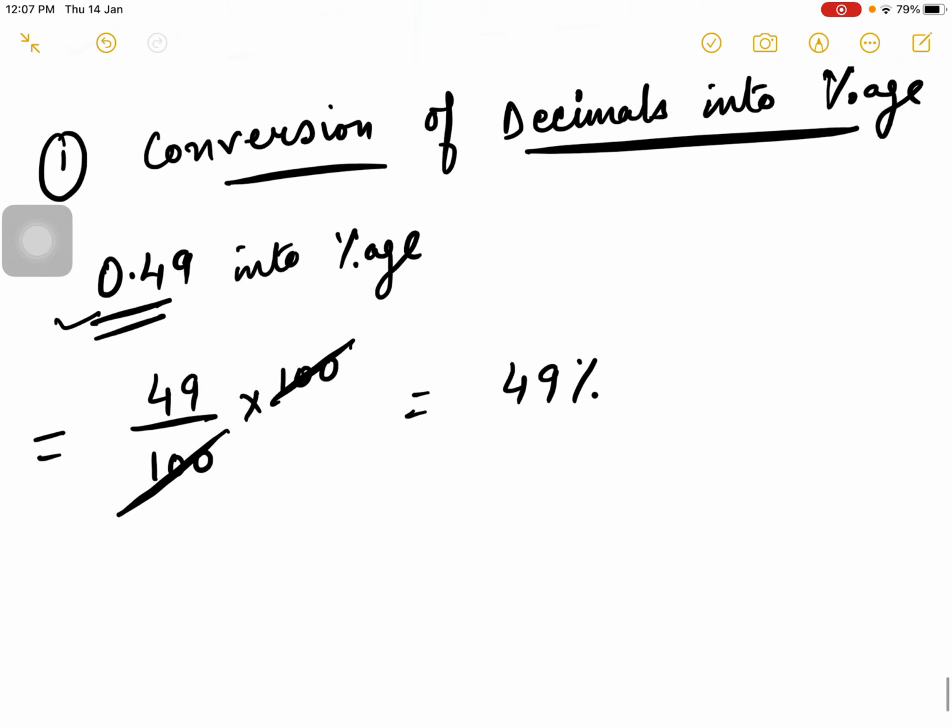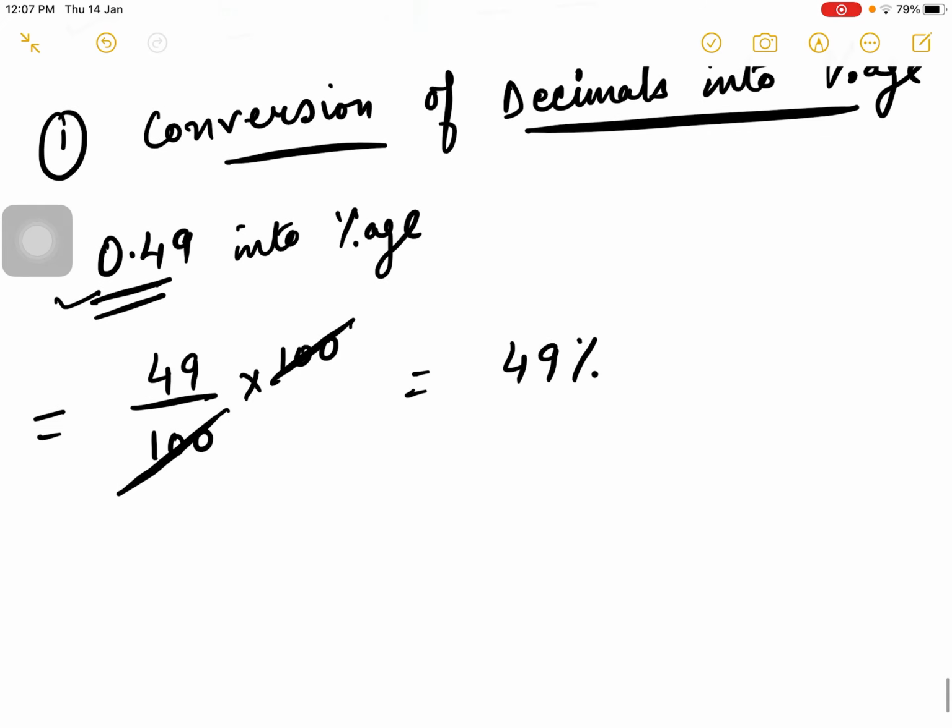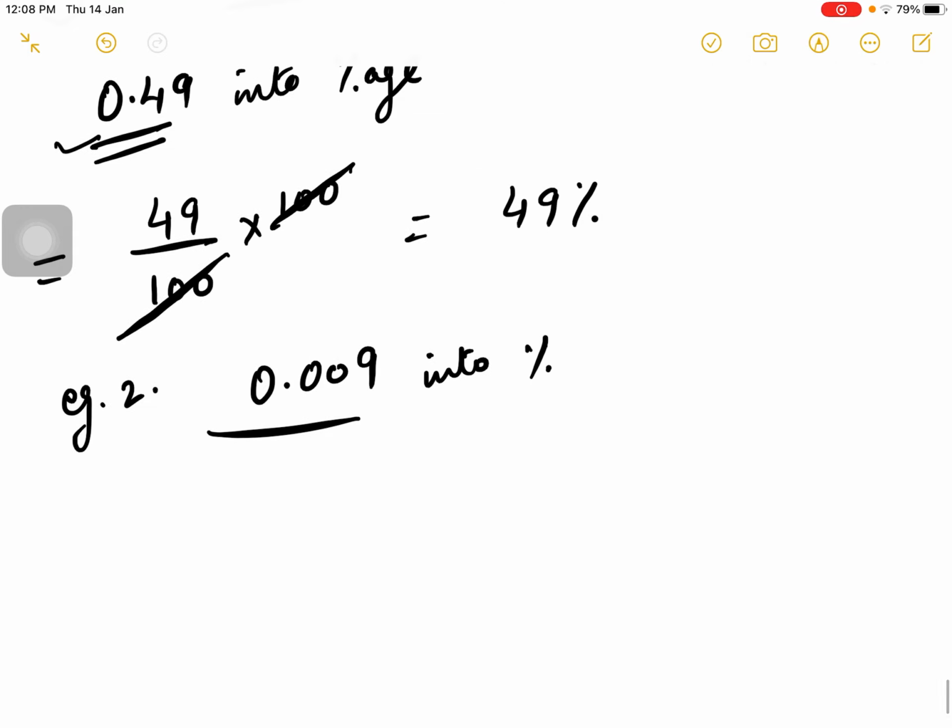Okay, I'm taking one more example. Example number 2, 0.009. We have to convert it into percentage. First of all, you will convert 0.009 into fraction. When we remove the decimal, the number of decimal places is 3 here, so in the denominator there will be 3 zeros, you know that.